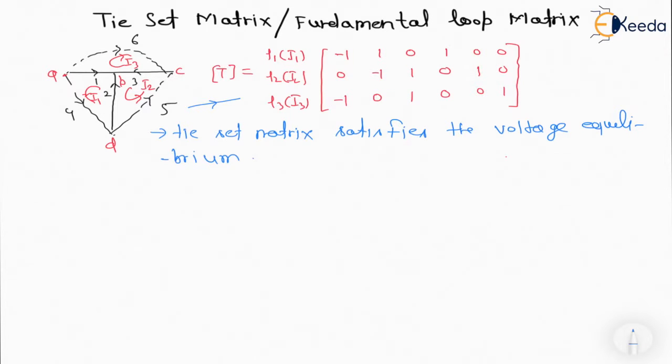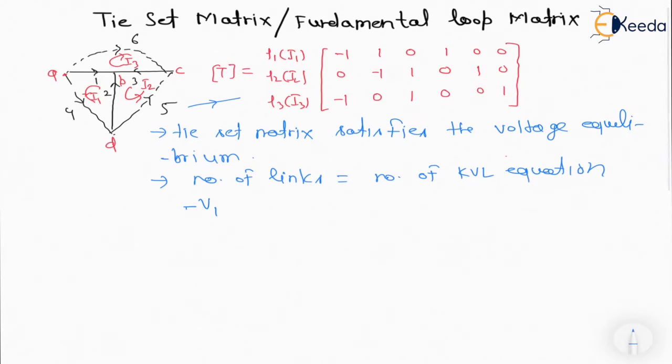It means the tie set matrix satisfies the KVL, and the number of links will be equal to the number of KVL equations in any graph. From the given graph, we can write that for any loop, the voltage across the first branch is minus V1, the voltage across the second branch is plus V2 plus V4 is equal to 0.